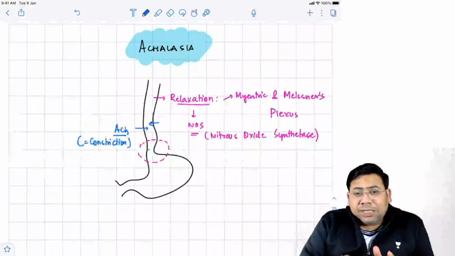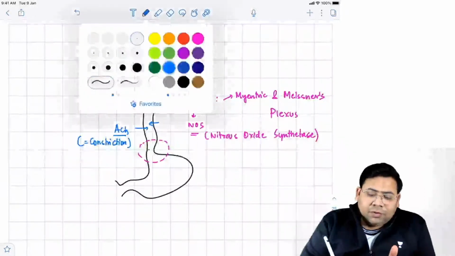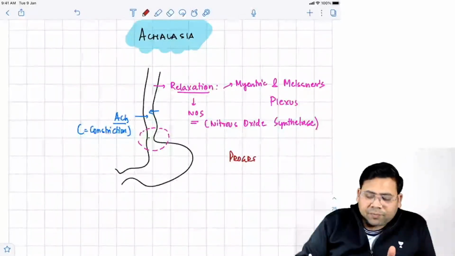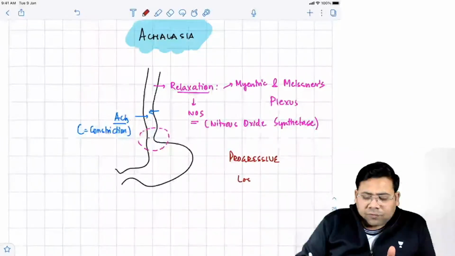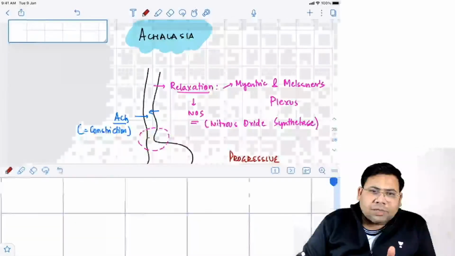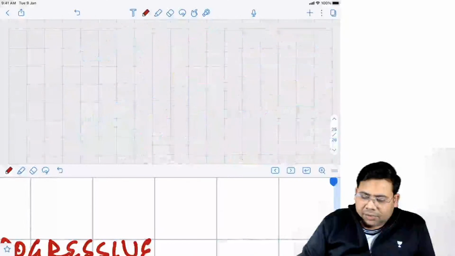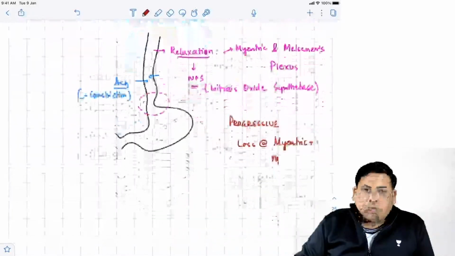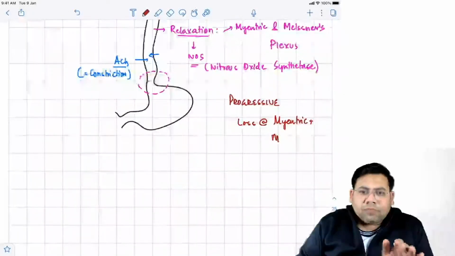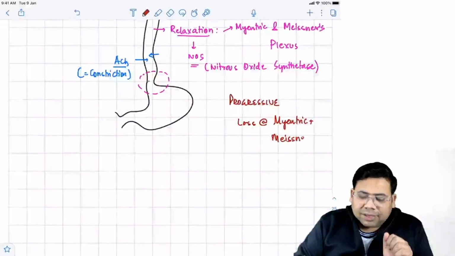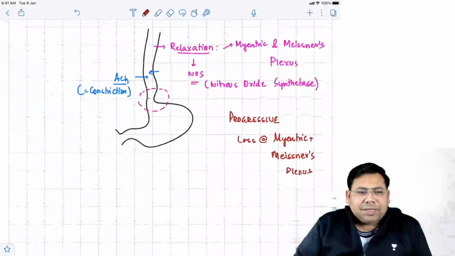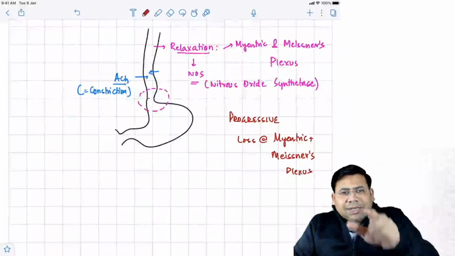Now, do you know what Achalasia is? Achalasia is a Greek term which means failure to relax. Why does this happen? Achalasia is defined as progressive loss of the myenteric plexus plus Meissner's plexus. Now the esophagus is saying, okay, I accept this, but nitric oxide is there.